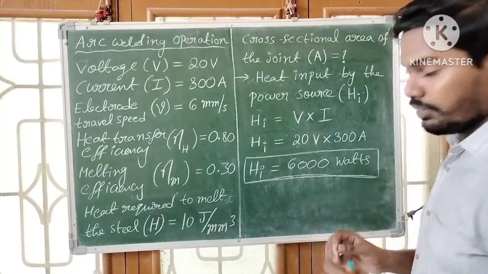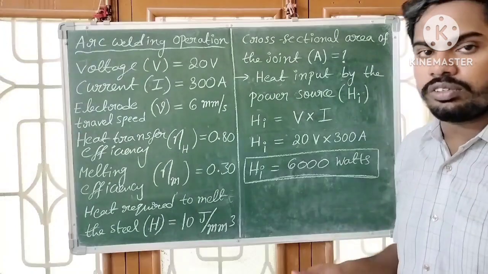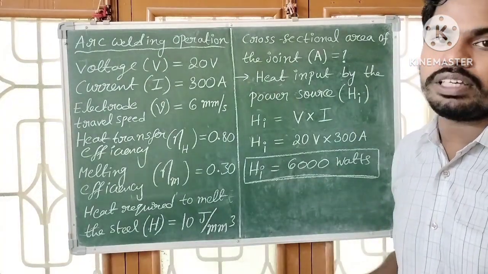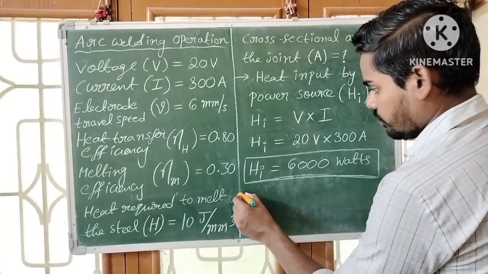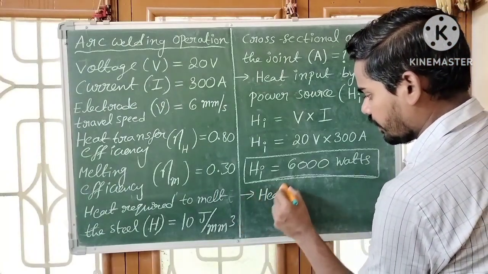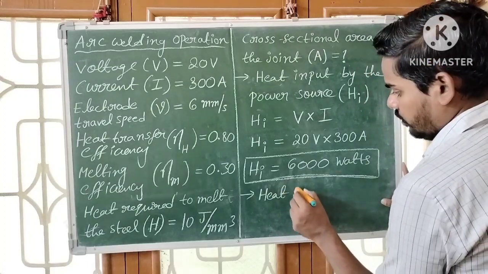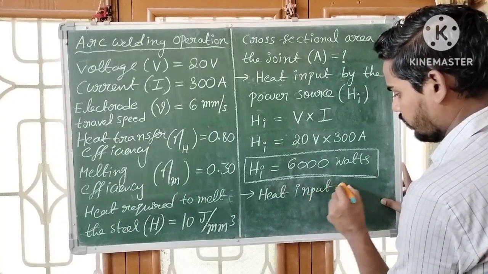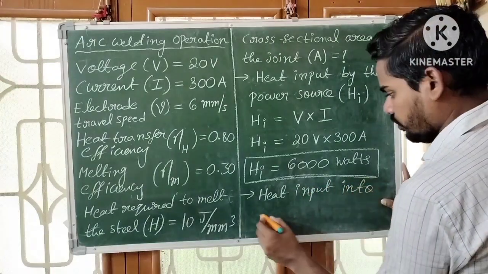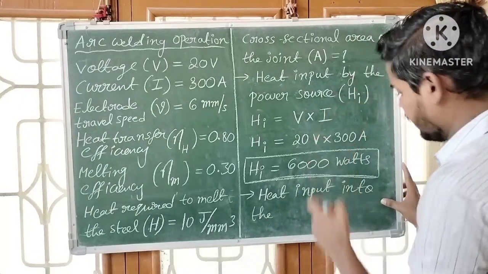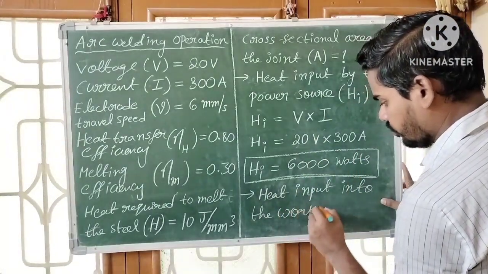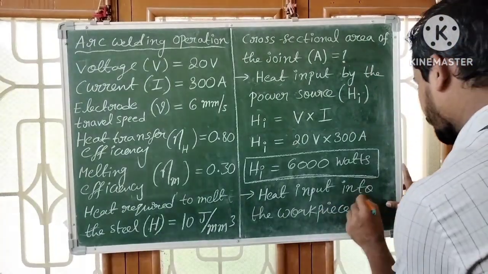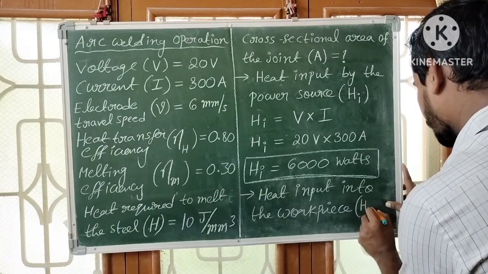Next we have to calculate the heat input into the workpiece. We supplied some power, but how much heat is taken by the workpiece? So next we have to find the heat input into the workpiece, denoted by HW.